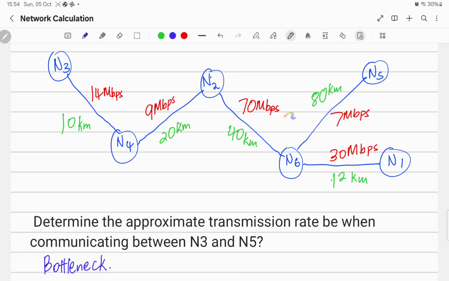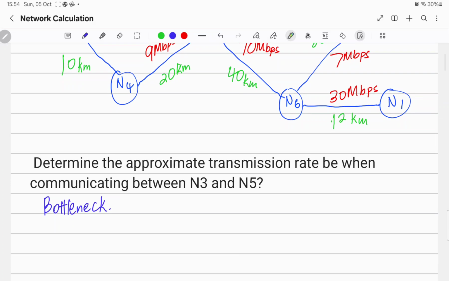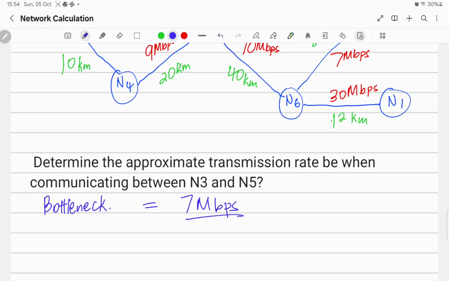Then we still have 9 and 7. So in our case, 7 is our lowest transmission rate. That becomes our bottleneck. So our answer is going to be equal to 7 megabits per second. This is our answer for this question.